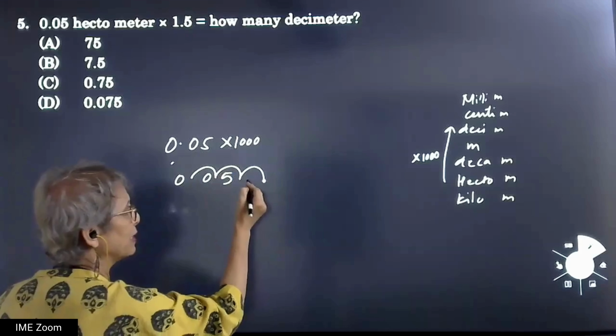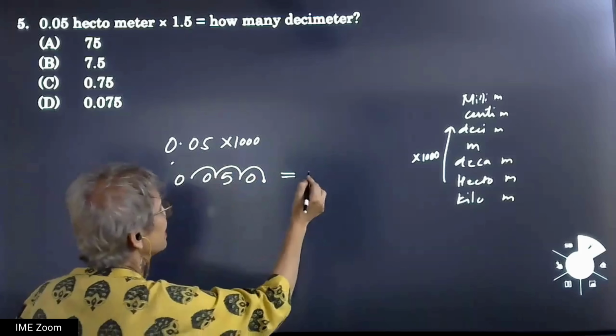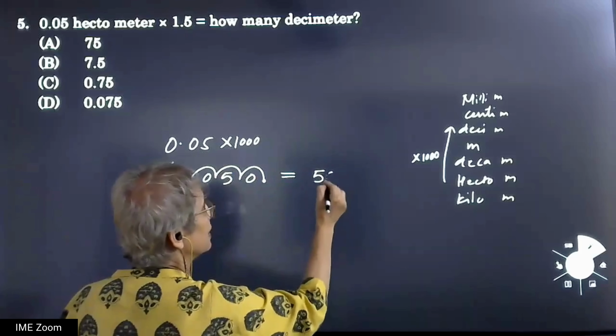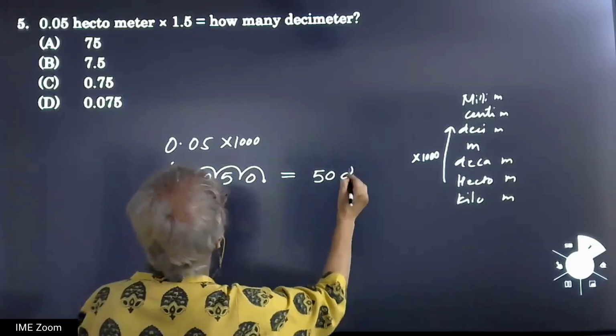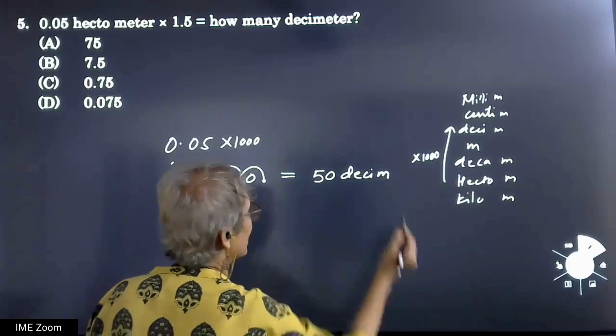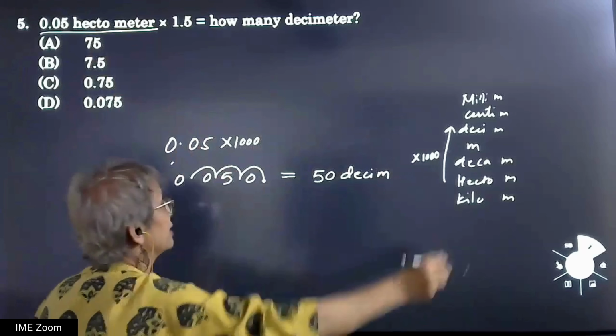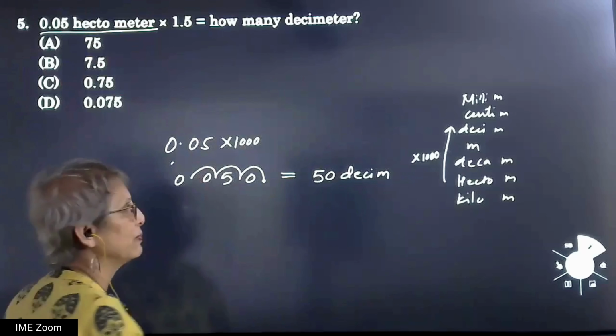Here the decimal point will come here. No digit is here, so put 0. And therefore what we will get? It is 50. 50 decimeter. Right? So what we have done? We have converted this into decimeter and now multiplied by 1.5.